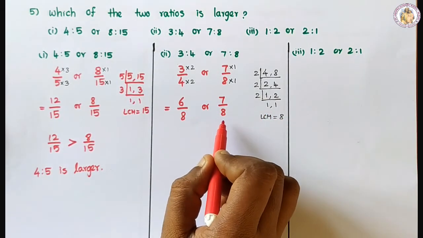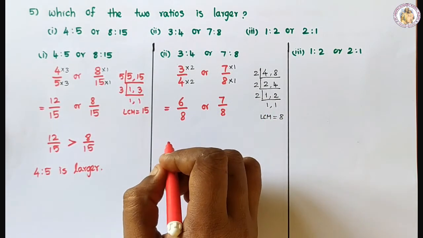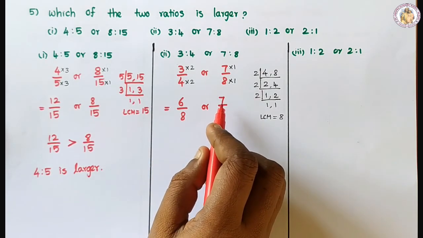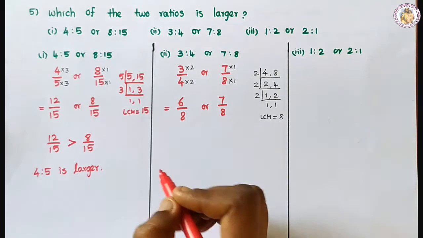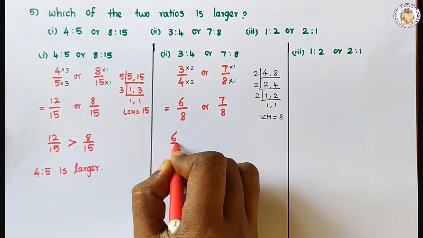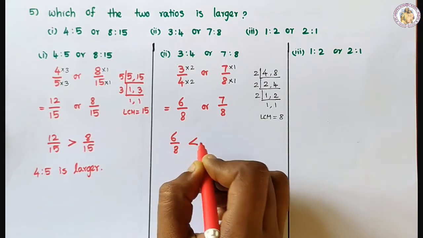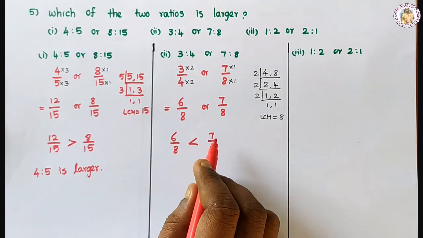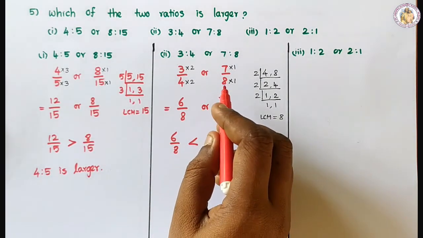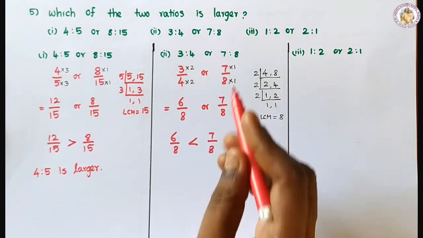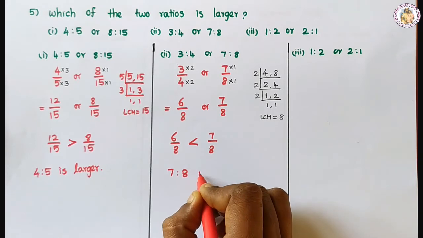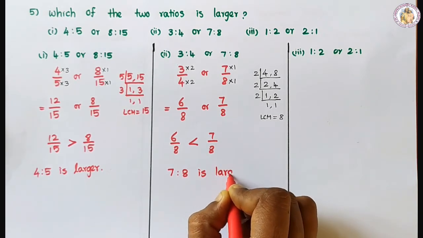Now the denominators are equal. So which one is greater in numerator? That is 7 is greater one. So 6 by 8 is less than 7 by 8. So 7 by 8 is the greater one, that goes to 7 is to 8 is larger.